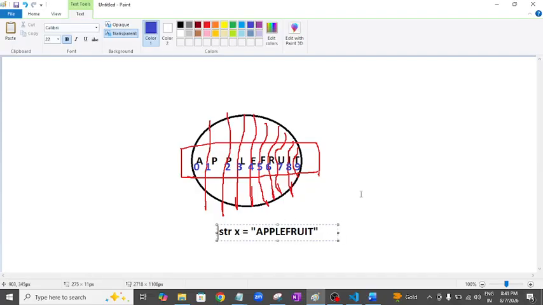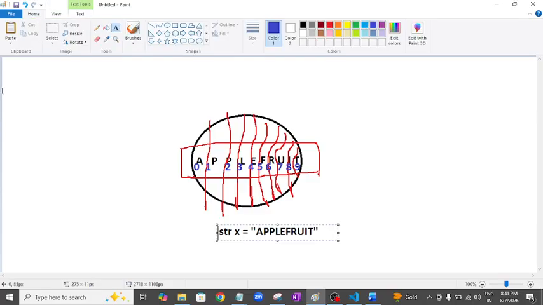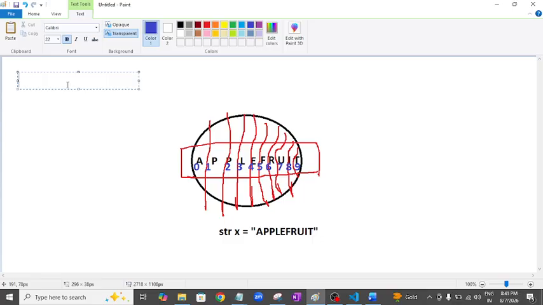Okay. Now, sir, can you store? If you remember one more concept we just studied, str x equals, say if I write a, will this be treated as string, sir?